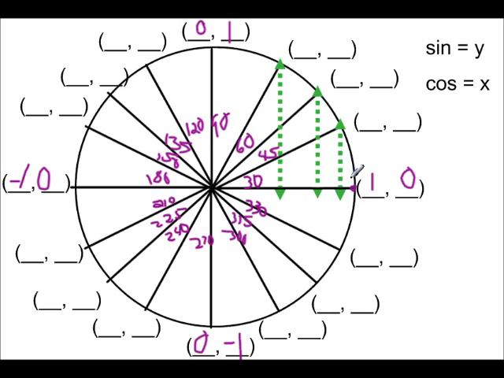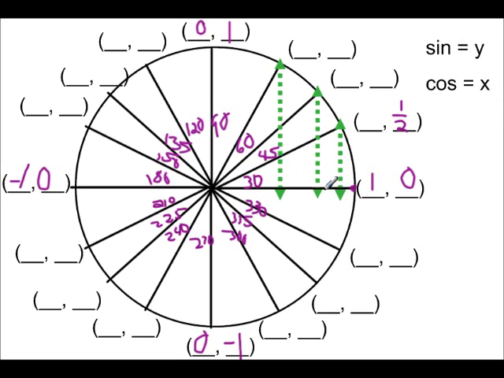I don't even have to think about trigonometry. Now for the rest of these, we're going to think about those trigonometric values that we found on the special right triangles. In a 30, 60, 90 triangle, the value of sine of 30 degrees is 1/2. Well, sine is our y value, so we're going to go ahead and fill in 1/2 as the y value for 30 degrees.